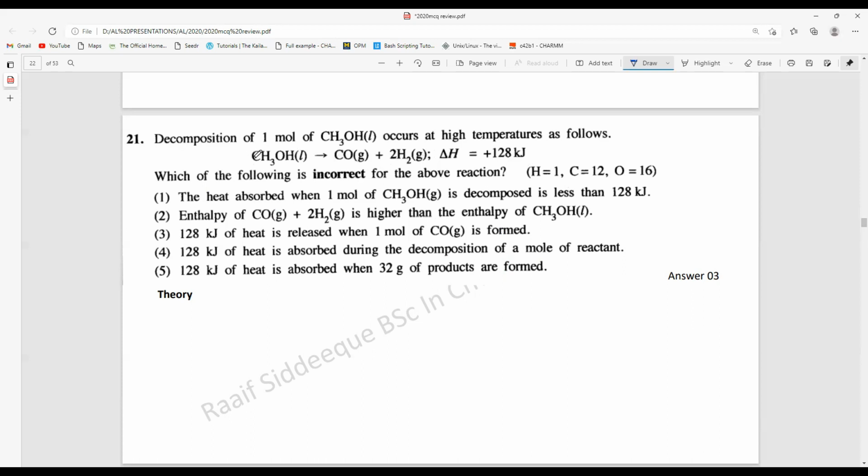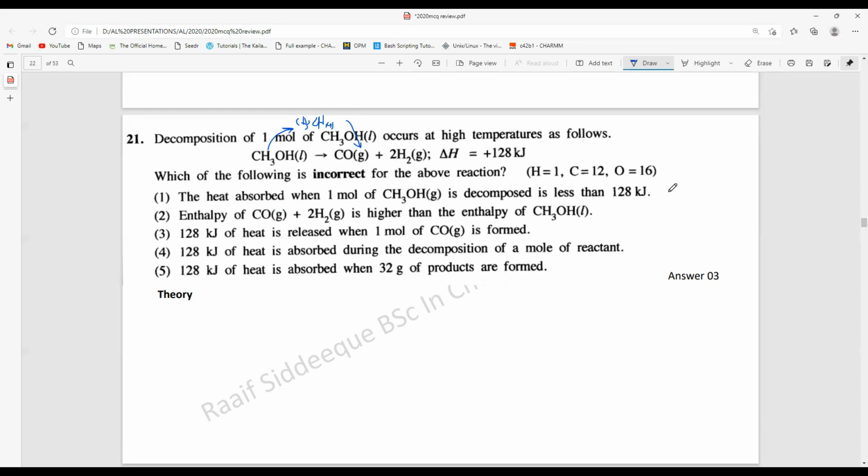So here, for liquid methanol to get converted to this CO gas and 2H2, you can write it down like a hypothetical process, that methanol gas is formed first and then it is converted to CO gas and 2H2 gas.